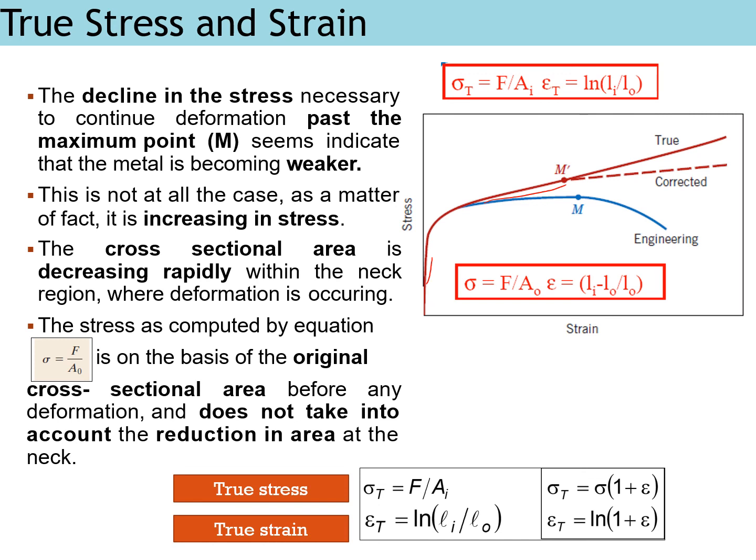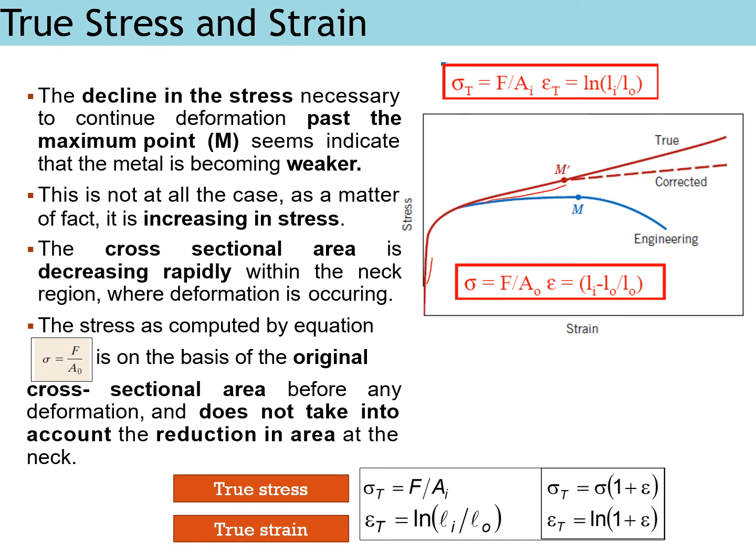So you can differentiate the true curve from the engineering curve by noting that the engineering curve, the blue color, drops after the necking. But the true curve is always progressing, always increasing.